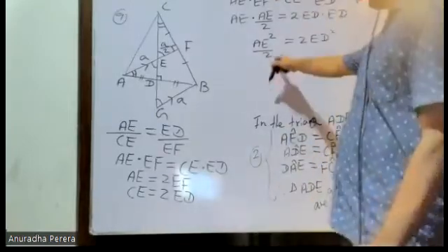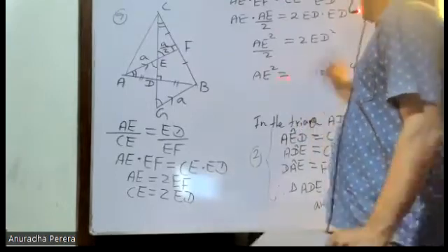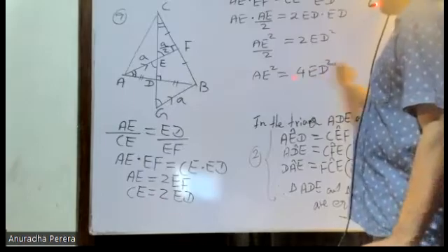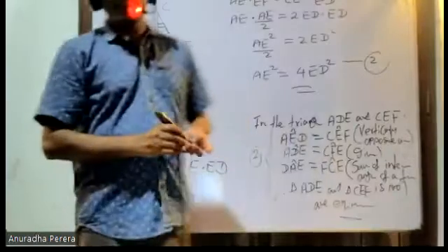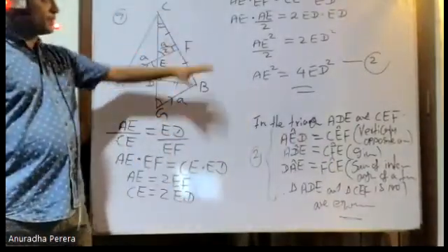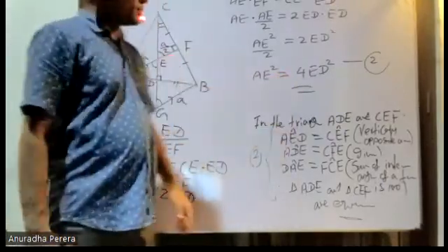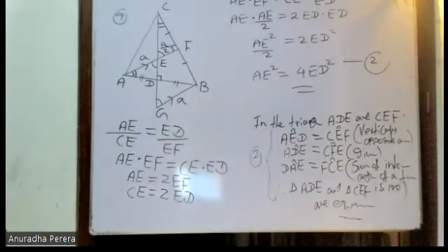Now change this 2 to the right side. AE squared equals 4ED squared. Not only this method, son, there are other ways to do this, but you have to use equiangular triangles, not the way I presented. But finally you can obtain AE squared equals 4ED squared. Question number 10.